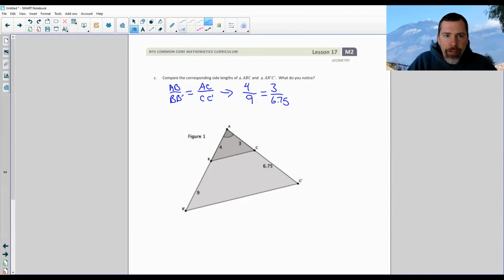So when you have a proportionality, when you set two ratios equal to each other, it is a proportion.